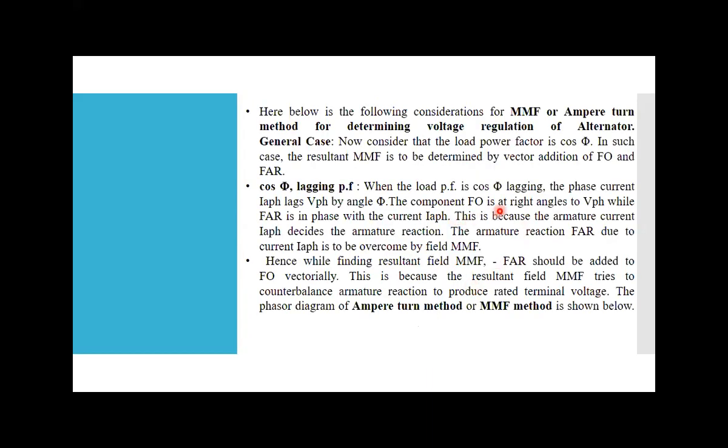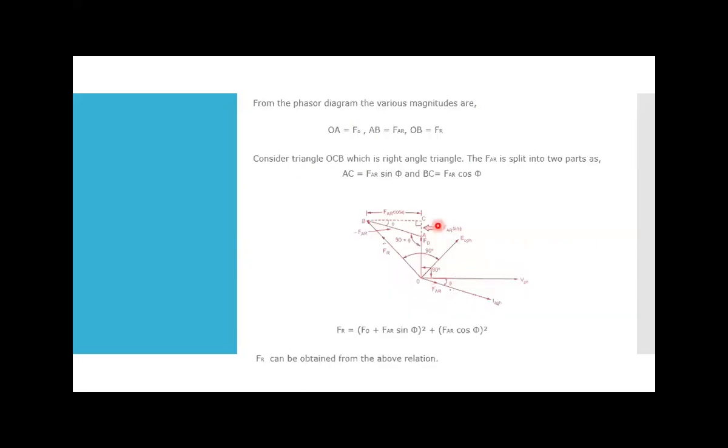So now you can say the component FO is at right angles to the VPH, while FAR is in the same phase as the current IAPH. Why?